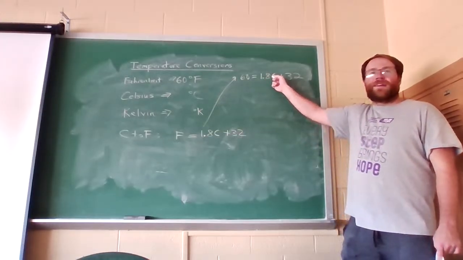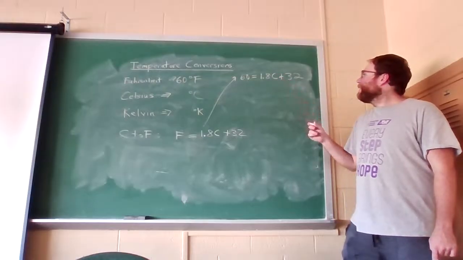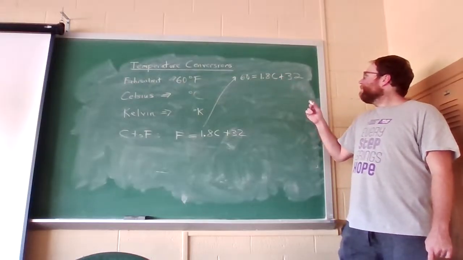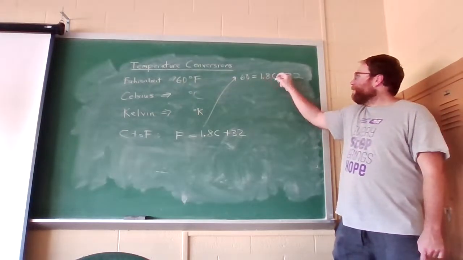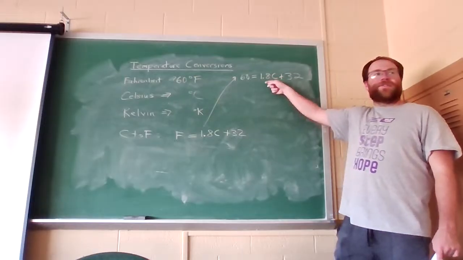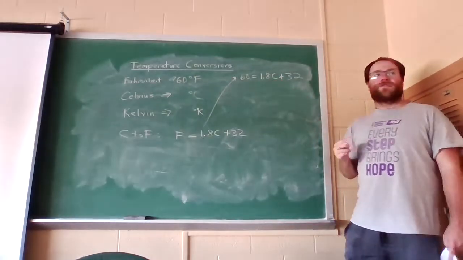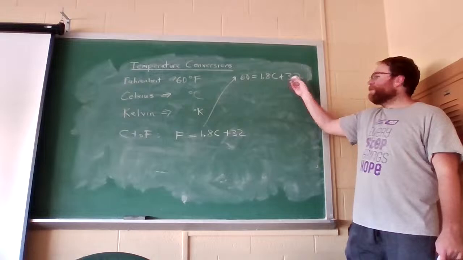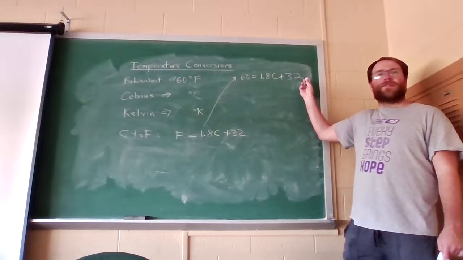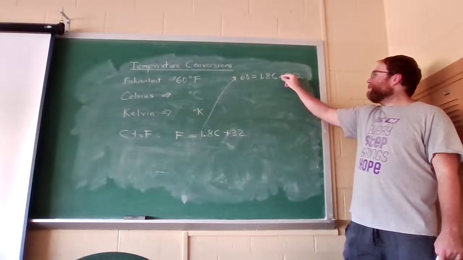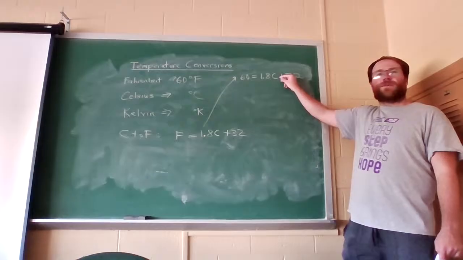So what are you dividing by? Well, eventually it'll be the 1.8, but there's one thing we'll have to do first with this 32. If there's a plus there, what's the opposite of plus? Subtract it.